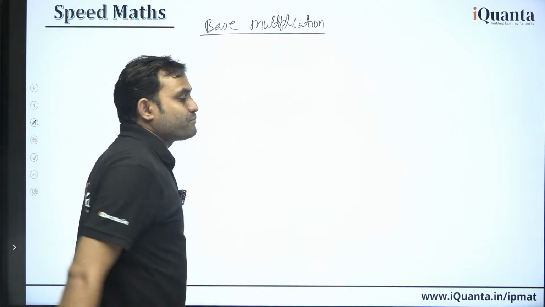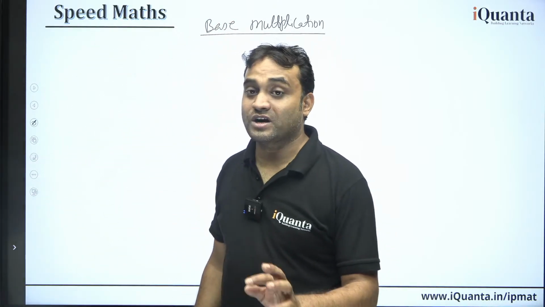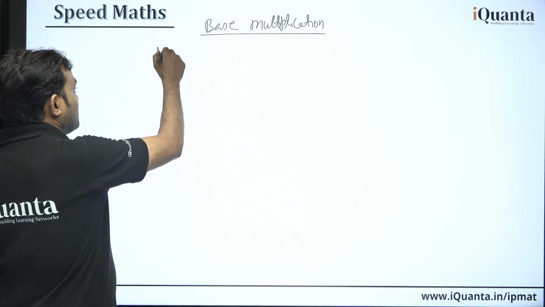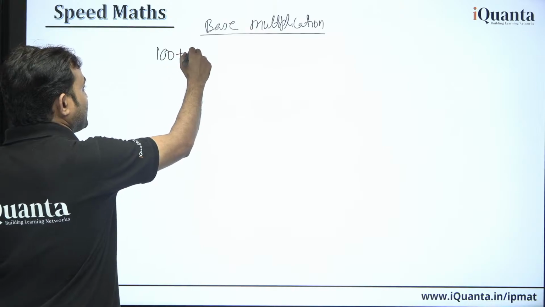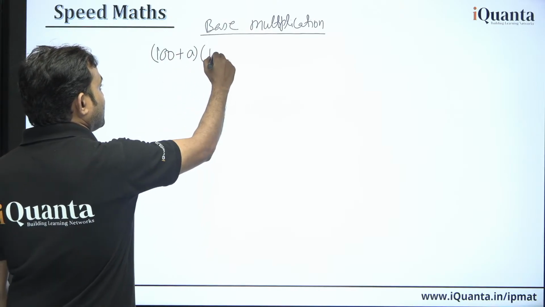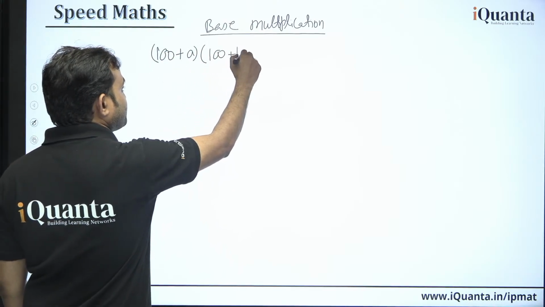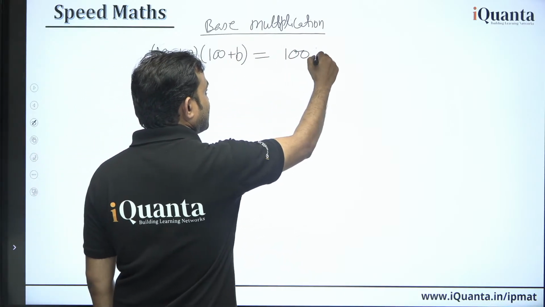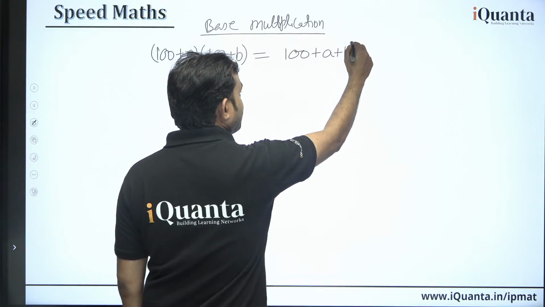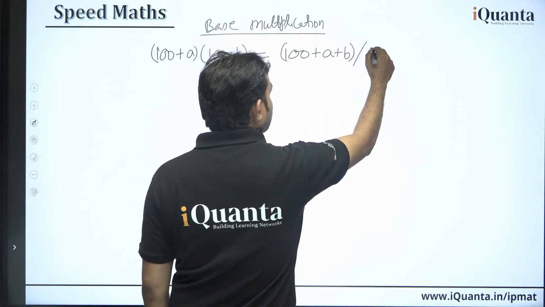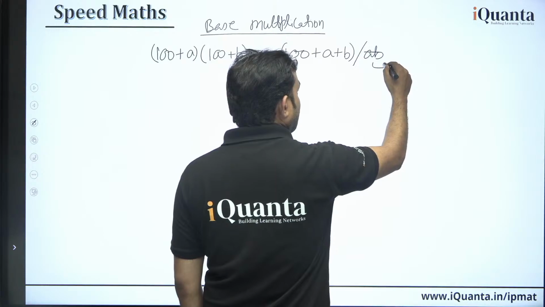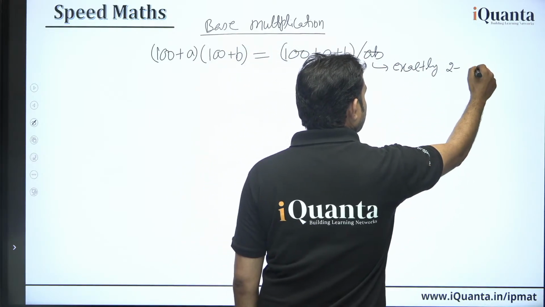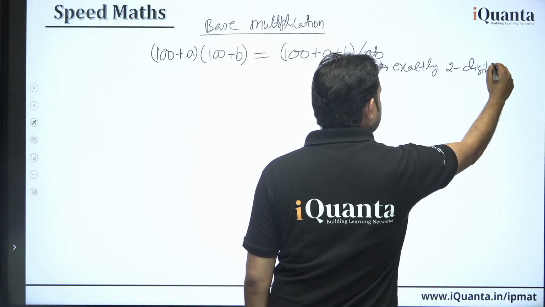In case of base multiplication, when we are talking about two numbers which are close to 100, let's say we have two numbers, 100 plus a into 100 plus b, then we will take this product as 100 plus a plus b, ab, where ab will have exactly 2 digits.